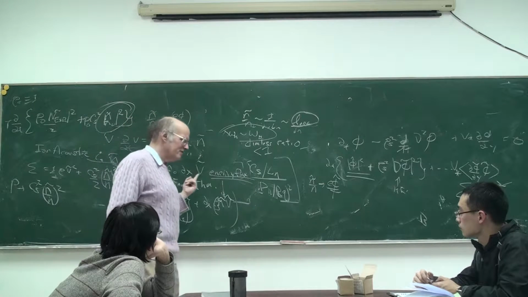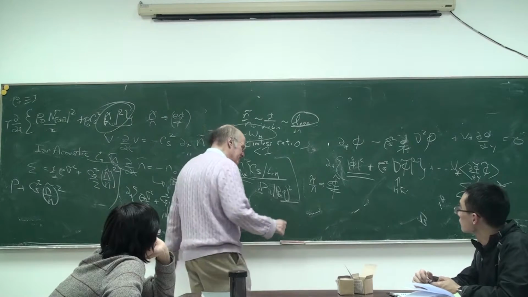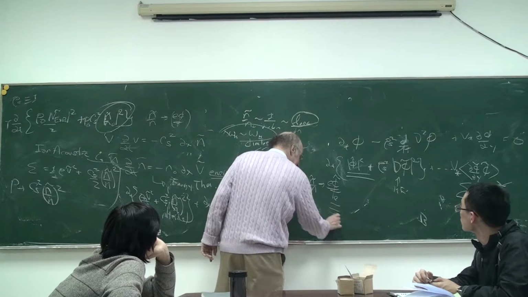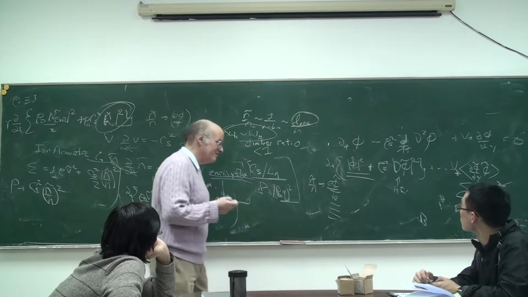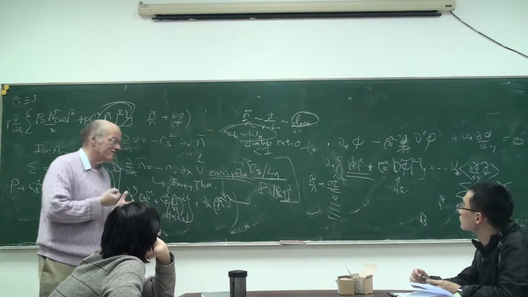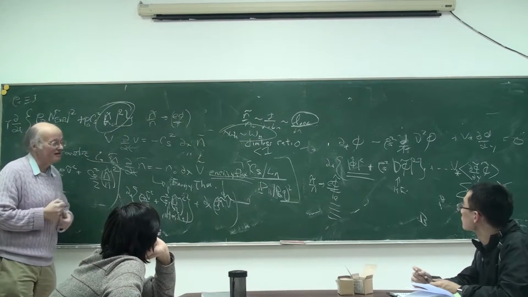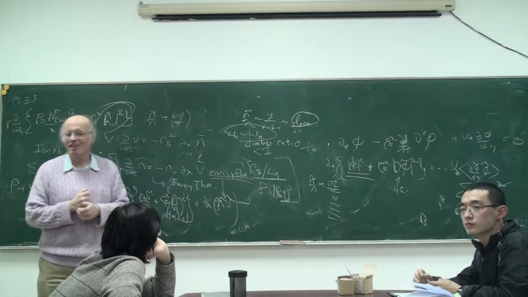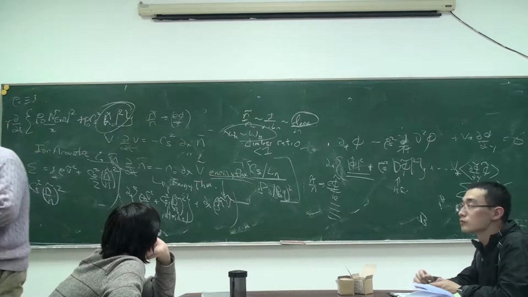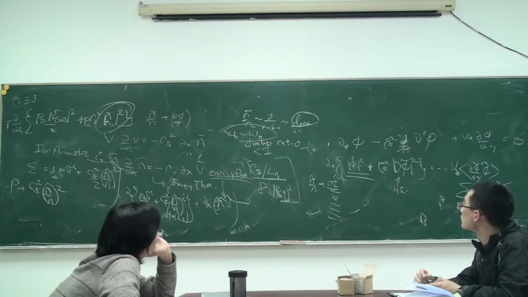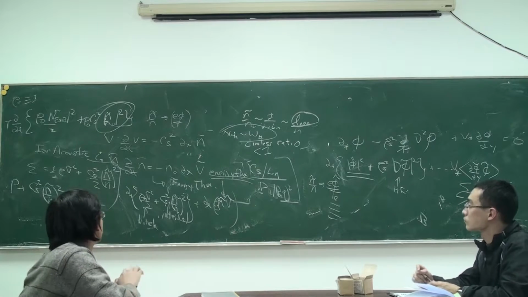So Boltzmann electrons, what does Boltzmann mean? e phi over T_e. There has to be some internal energy in that. Internal means in the sense of thermodynamics. That's why I call it internal.